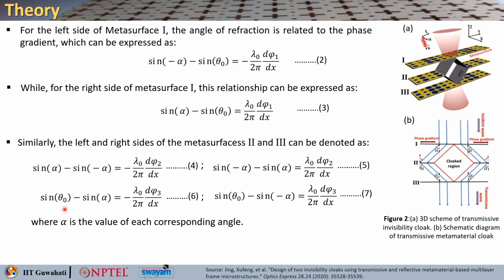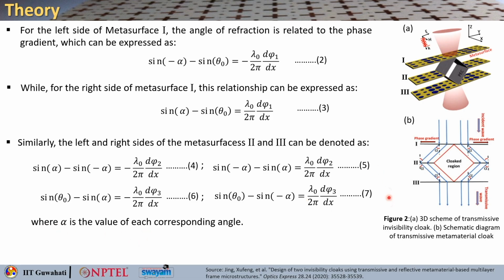So you can write sin theta naught minus sin alpha will be equal to minus lambda naught by 2 pi d phi 3 by dx, and on this side you can write sin theta naught minus sin minus alpha will be equal to lambda naught by 2 pi d phi 3 by dx, right.